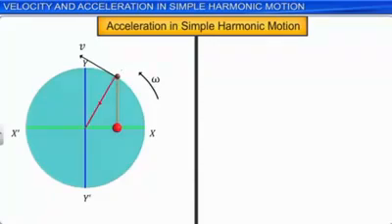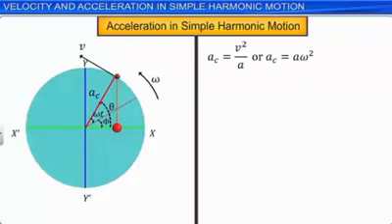Acceleration of the revolving particle will be the centripetal acceleration a_c, denoted by v square by A or A omega square. The centripetal acceleration has two components: a_c cos theta along the x-axis and a_c sin theta along the y-axis.